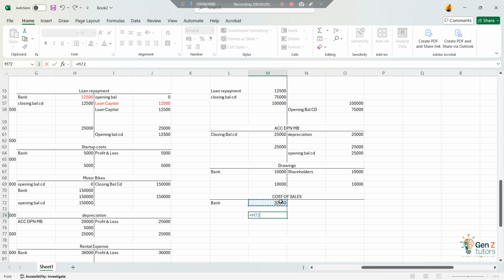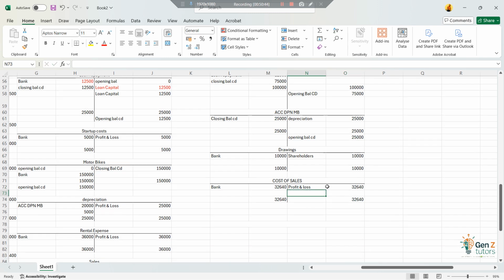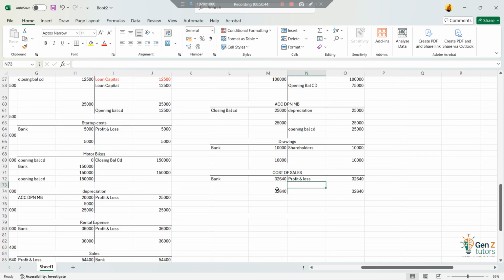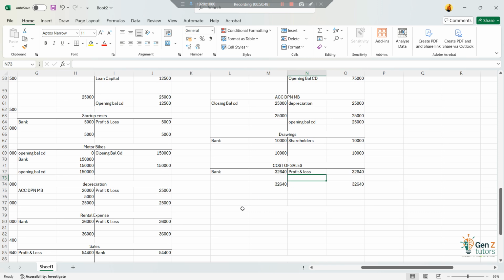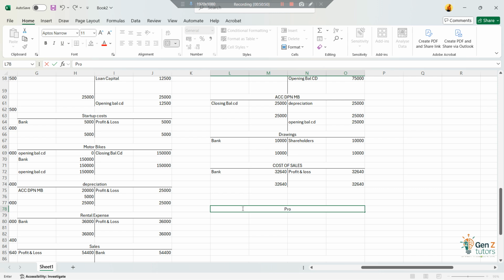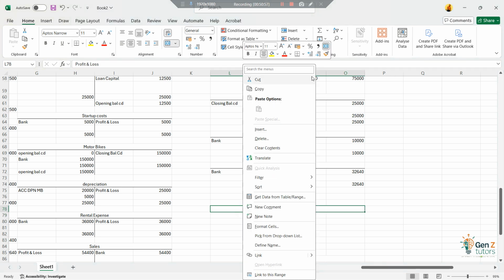It's fine, we can continue regardless and say since there was no opening balance, then put in the closing balance carried down, and this closing balance carried down is going to be this 25,000, and the accumulated depreciation opening balance carried down for next year is going to be that 25,000 over there.